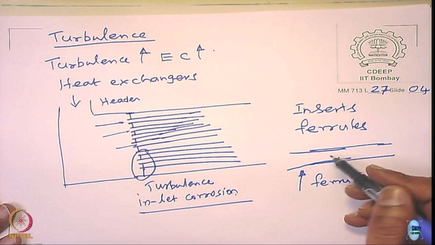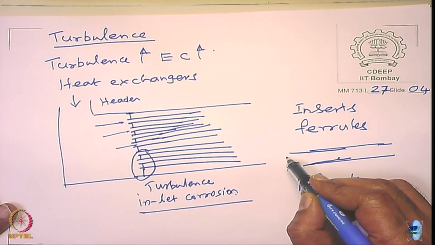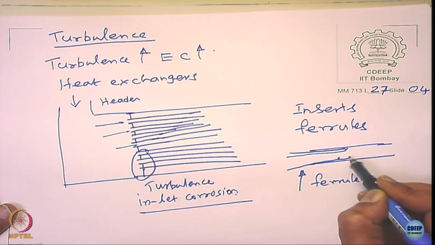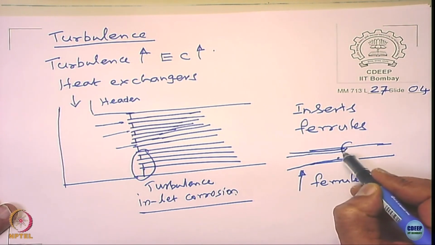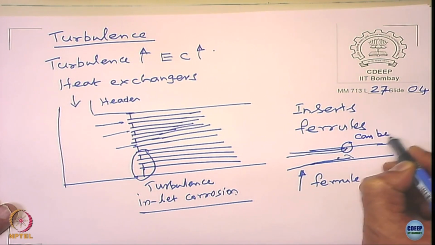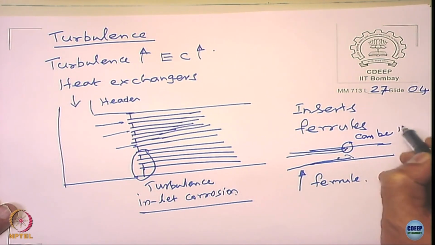What is the problem? When the fluid or liquid enters here, there is going to be a small step. So there can be erosion corrosion here.